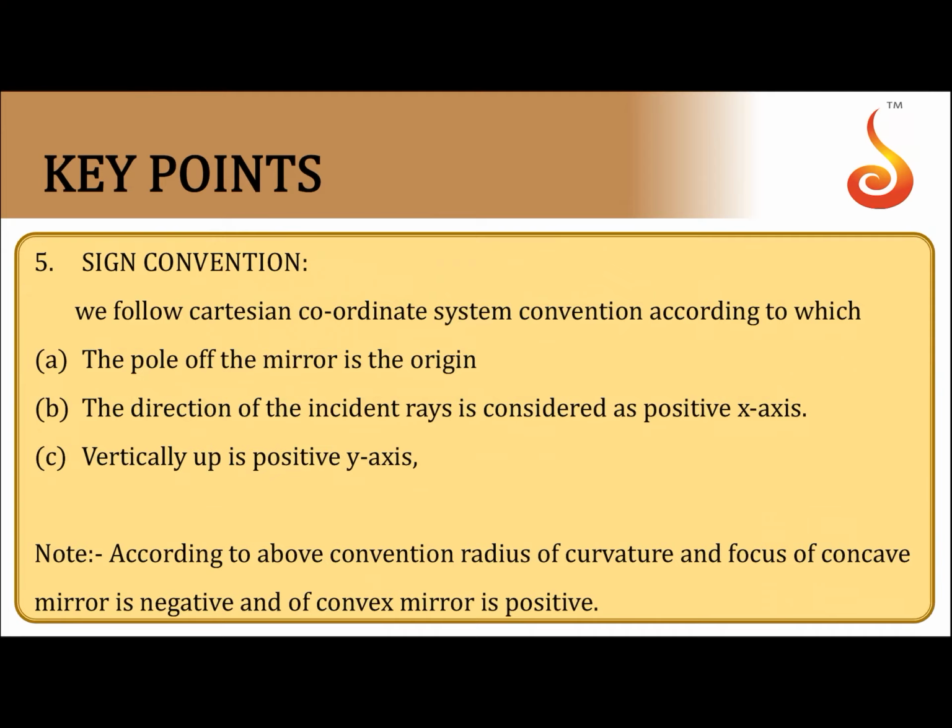The pole of the mirror is taken as the origin, and any distance measured in the direction of the incident rays is taken as positive. All distances are measured along the axis, from the pole of the mirror. Vertically up is taken as the positive y axis.